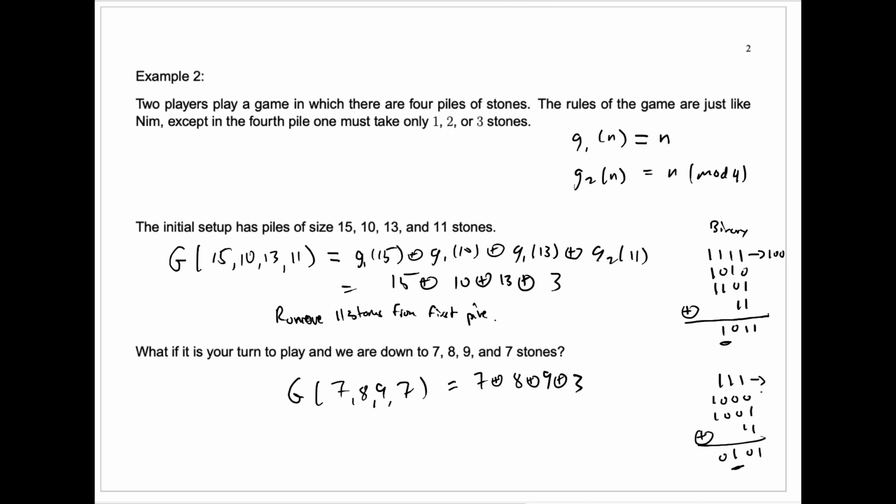In other words, we need to move the 1, 1, 1 down to a 0, 1, 0 to get rid of these two 1's there. How do we do that? We change the 7 to a 2. So we remove 5 stones from the first pile. And we'll be left with piles of size 2, 8, 9, and 7.